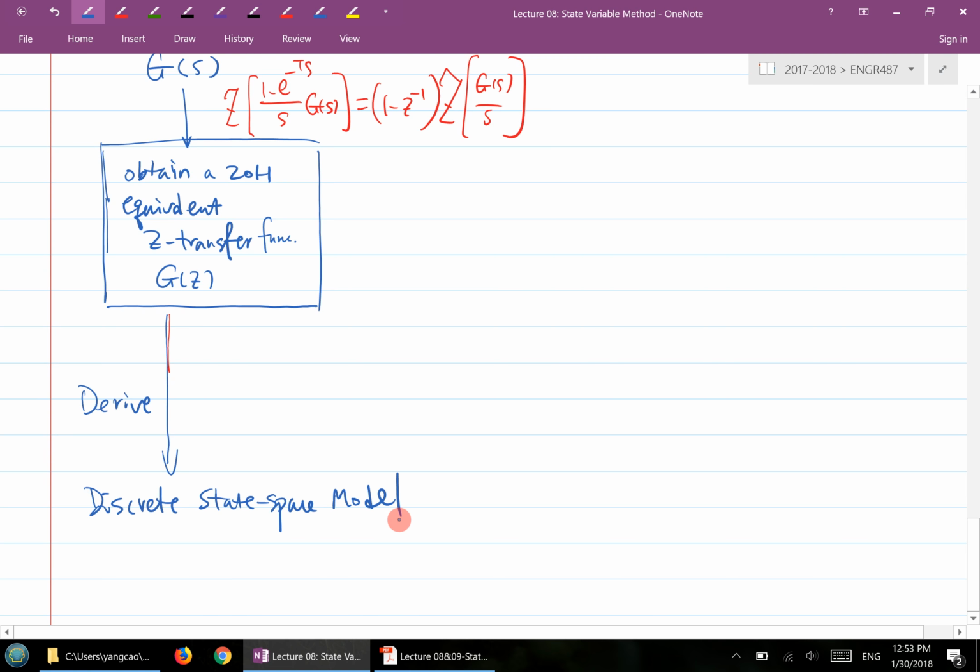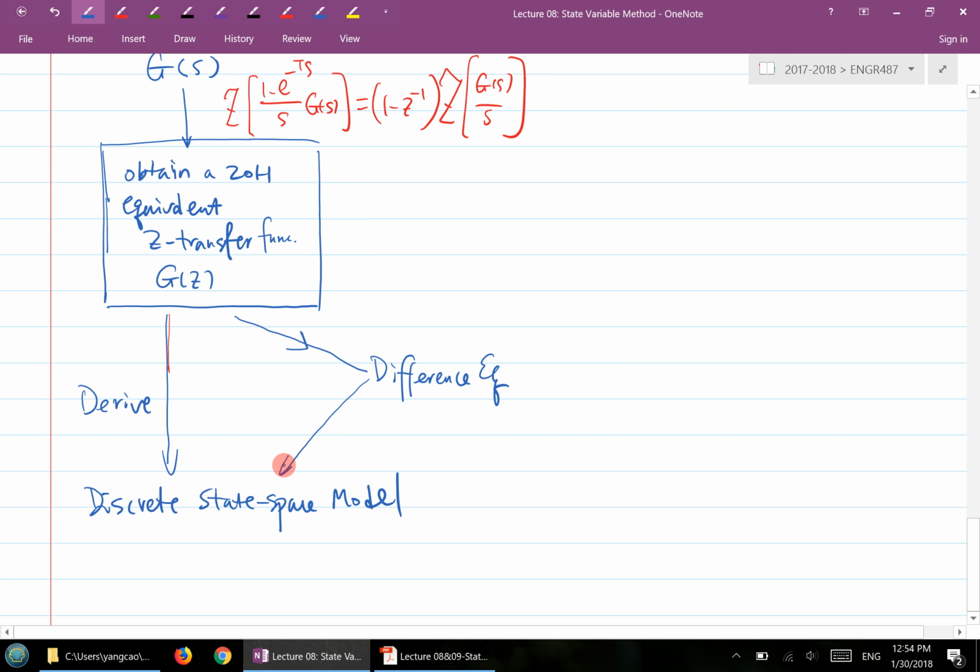Once we get the G of Z, we'll be able to derive the discrete state space model. Or you could do one more extra step: from the G of Z, which is the pulse transfer function, derive the difference equation. From the difference equation, you can then obtain the discrete state space model. I'll show you both approaches shortly.